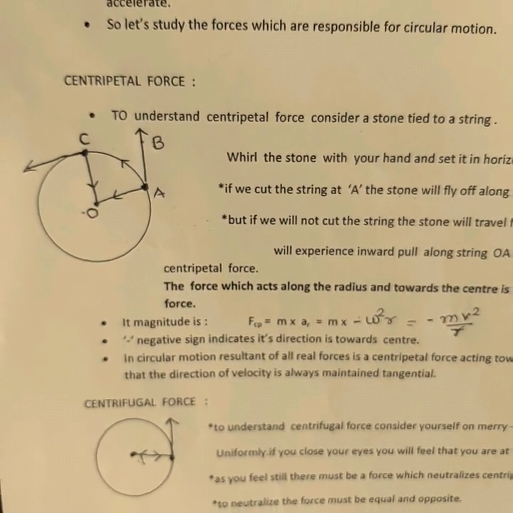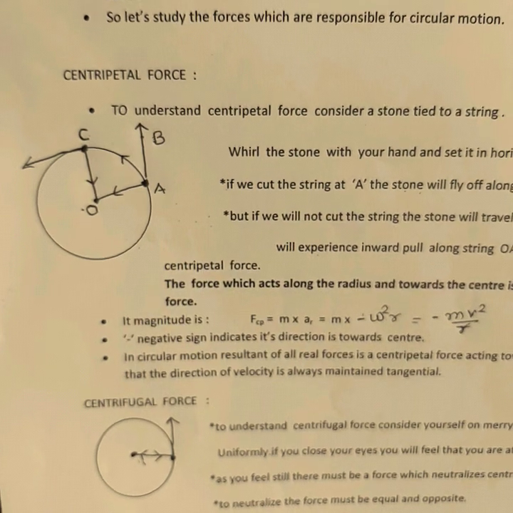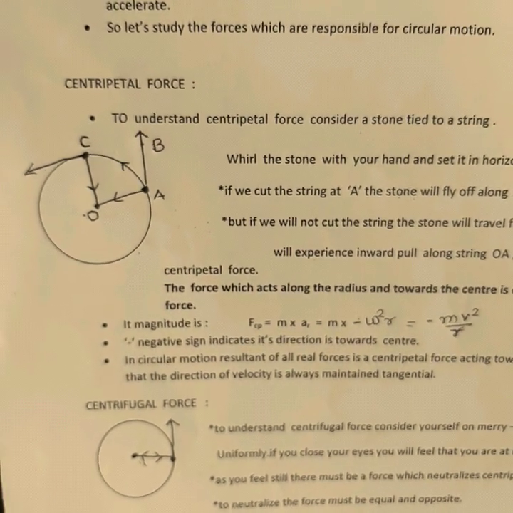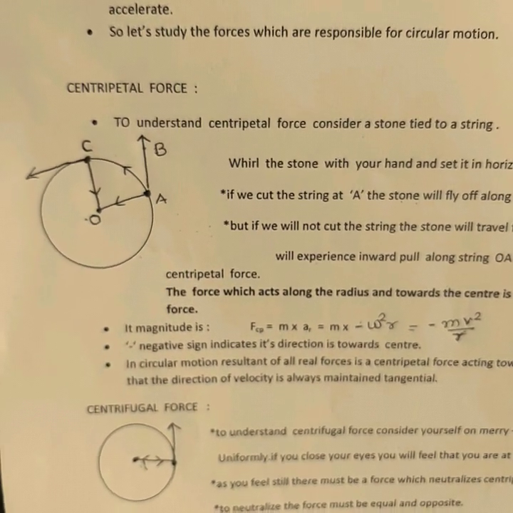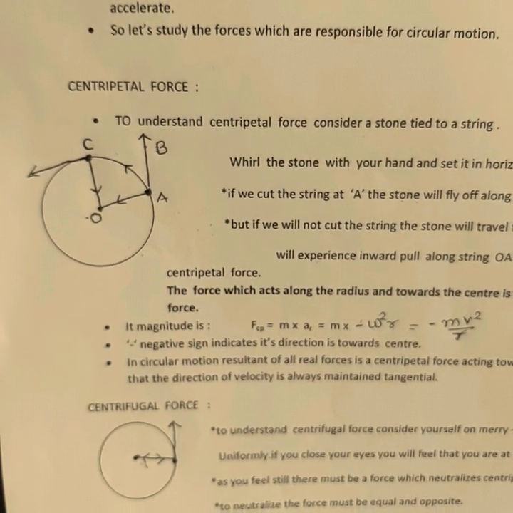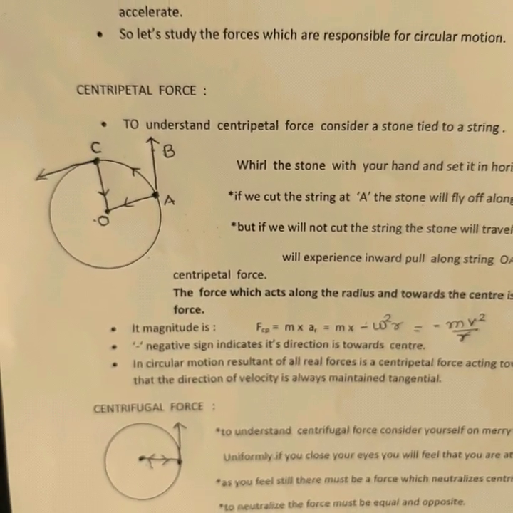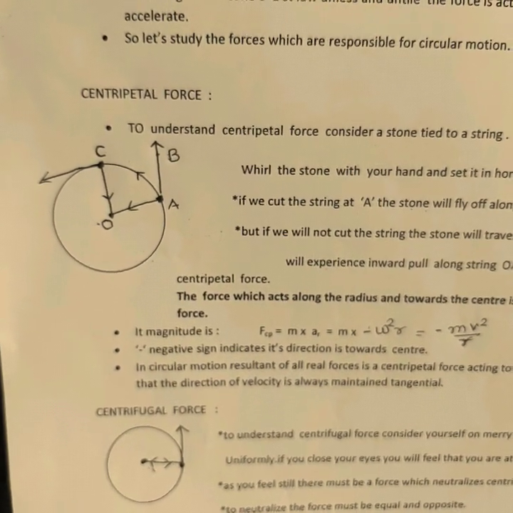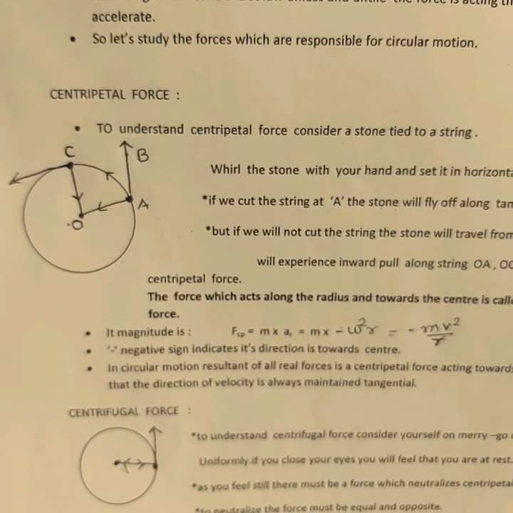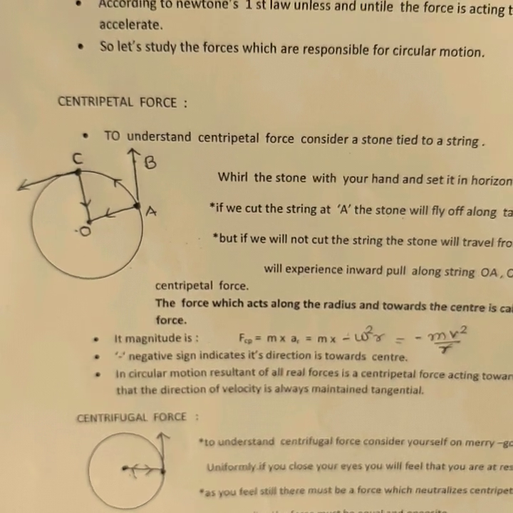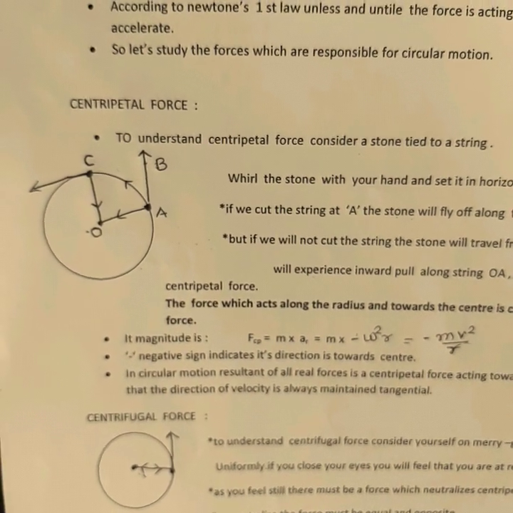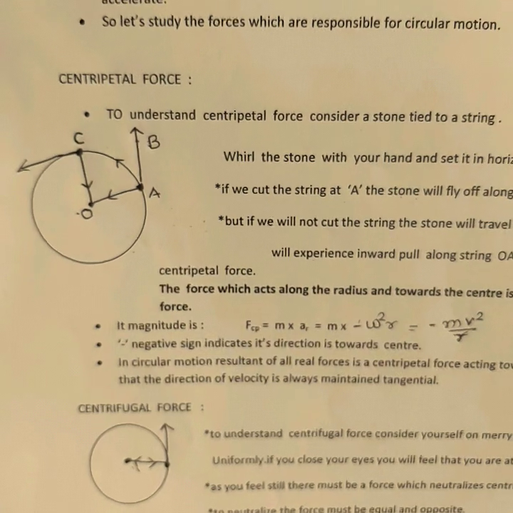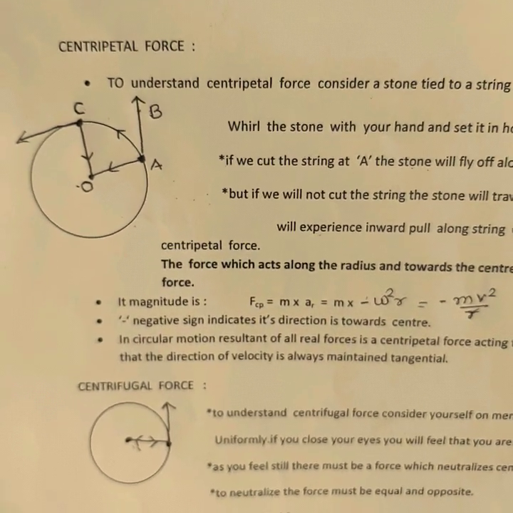So it is equal to minus m omega square r, or minus m v square upon r, by substituting v is equal to r omega. Here the negative sign indicates that the direction of this force is towards the center.